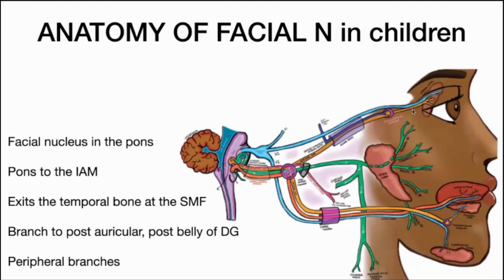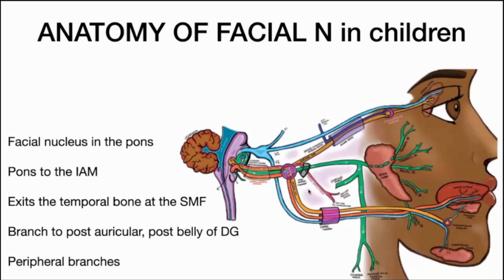Now, this facial nerve takes a turn at the geniculate ganglion, which is the first genu, and it enters the middle ear. It has a tympanic segment, a second genu, and then it has a vertical segment. This all you know. It gives off the chorda tympani before exiting the stylomastoid foramen.